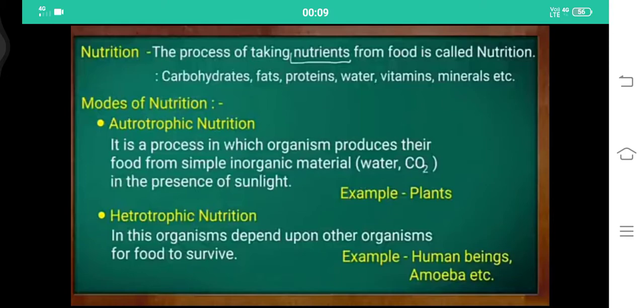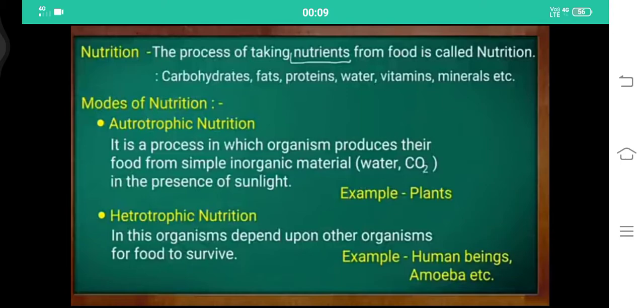Plants. Then what about us? We all belong to heterotrophic nutrition. That means the organism depends upon other organisms for food to survive. We are all human beings, multicellular organisms, even including amoeba. Amoeba belongs to unicellular organisms, but it cannot prepare the food like plants.